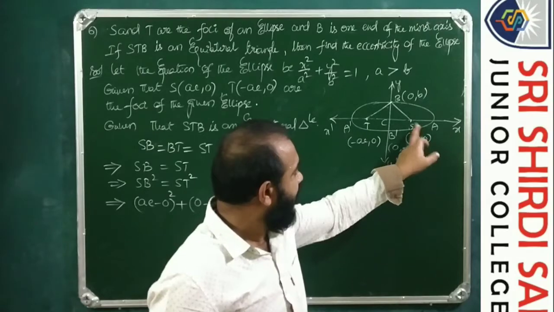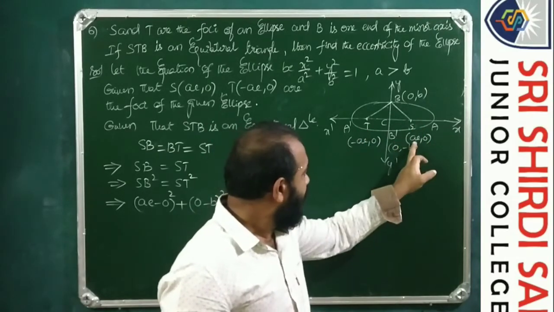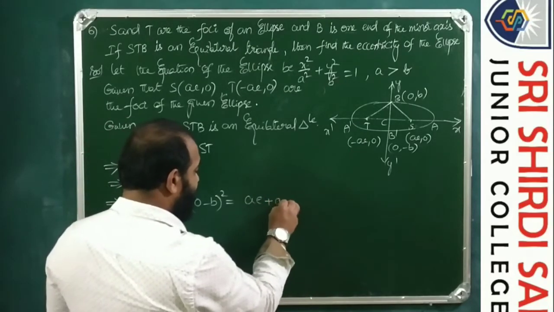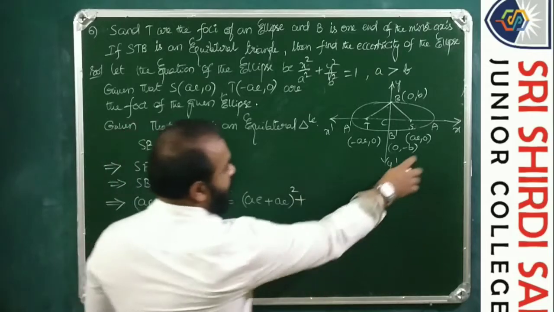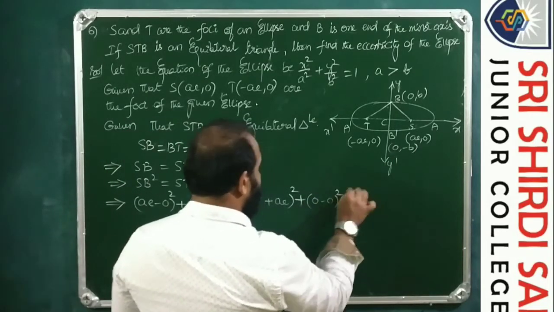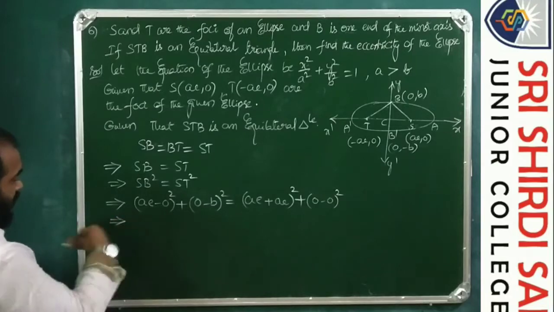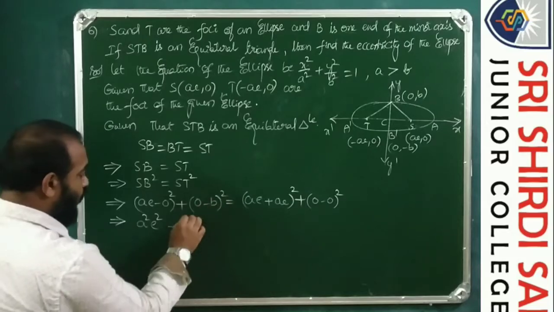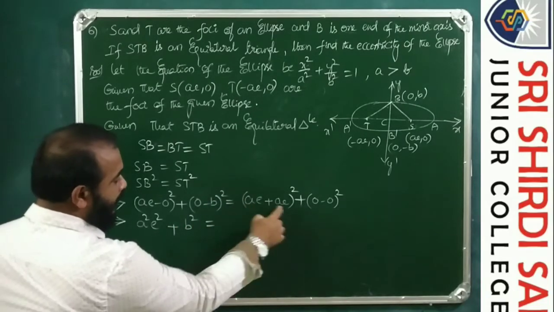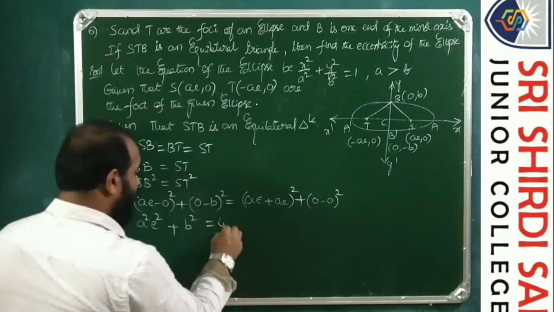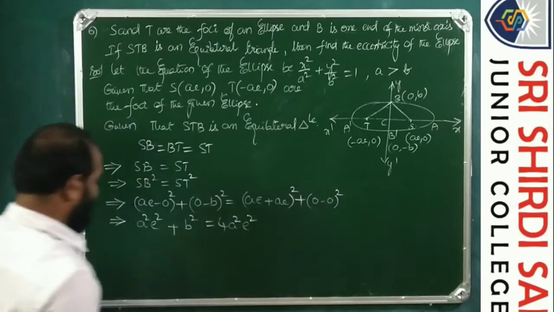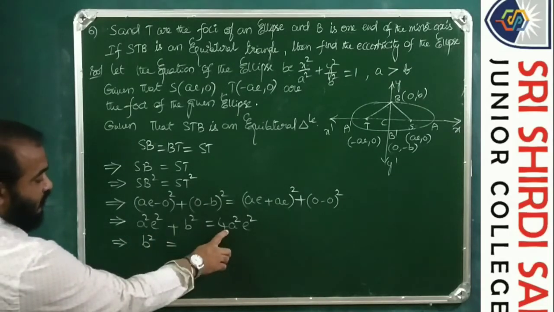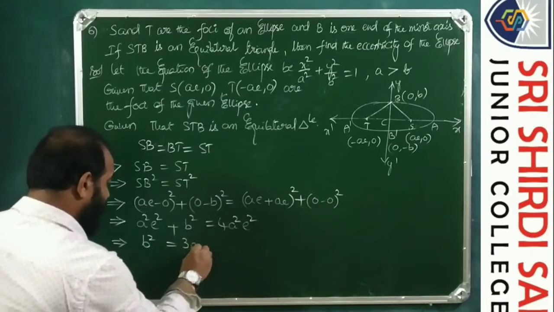The distance between the foci S and T: ae minus of minus ae is ae plus ae whole square plus y2 minus y1, 0 minus 0 whole square. This is a square e square plus b square, equal to 2ae whole square, which is 4a square e square. From this, b square is equal to 4a square e square minus a square e square, which is 3a square e square.